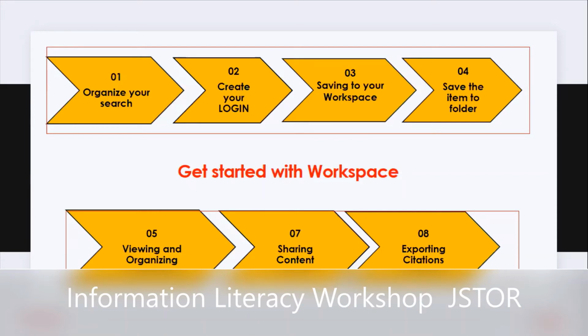It will further help you to share the content with your colleagues or the team you're working with on any particular topic. And also it will help you to export your citations. Now, how are we going to do it? Let us go back to the platform again.